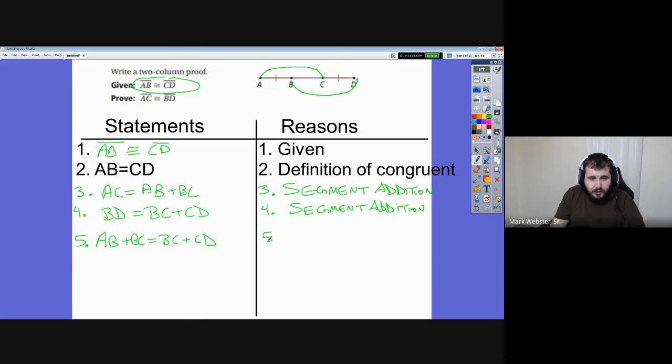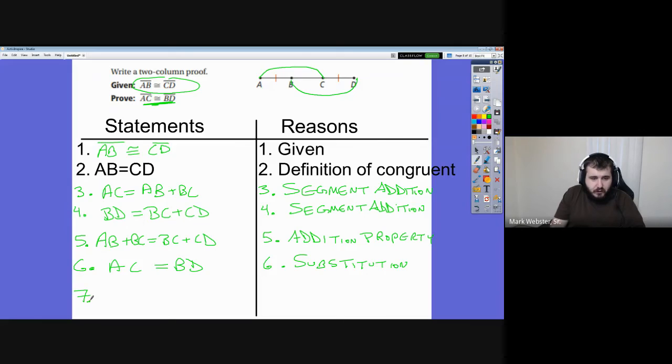And why is that? Because I'm allowed to use the addition property of equality. I added the same thing to both sides. And now the only thing I have left to do is say, okay, well, I can combine these to make this using substitution. Same thing over here. And then finally, because I need to know what I'm trying to prove, right?